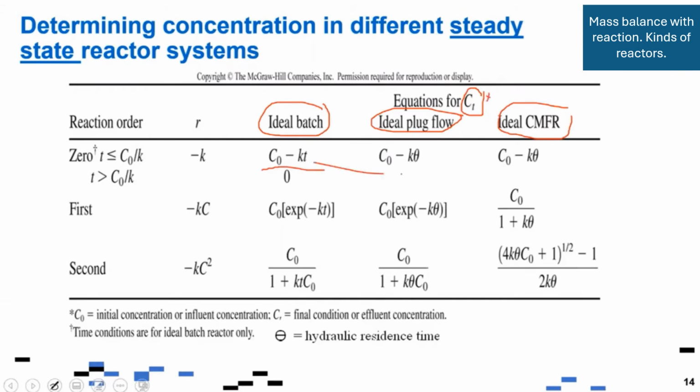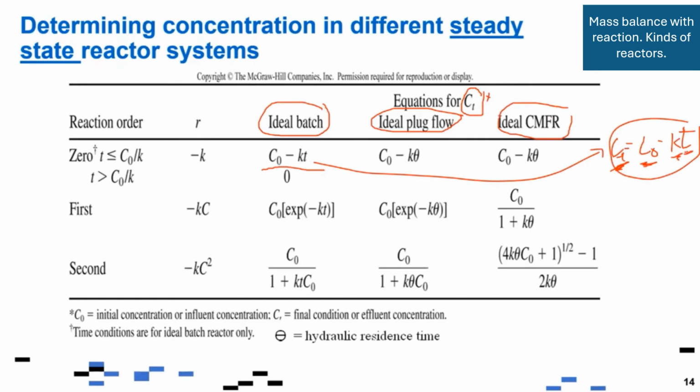CT is equal to CO minus kt. So this is the meaning of that equation. CT, the final concentration, is equal to the initial concentration minus the reaction rate constant times the time. That is for the ideal batch reactor.